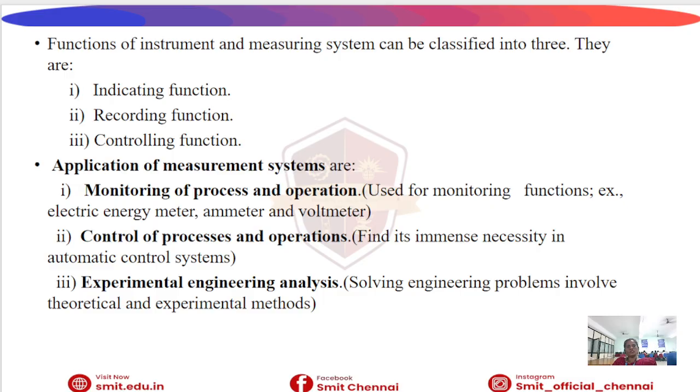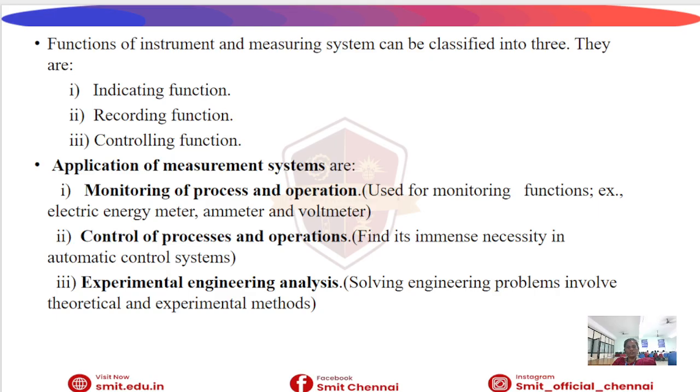Every instrument or measurement system performs three basic functions. First is the indicating function, where the instrument simply shows the value of the measured quantity, like a voltmeter displaying voltage.